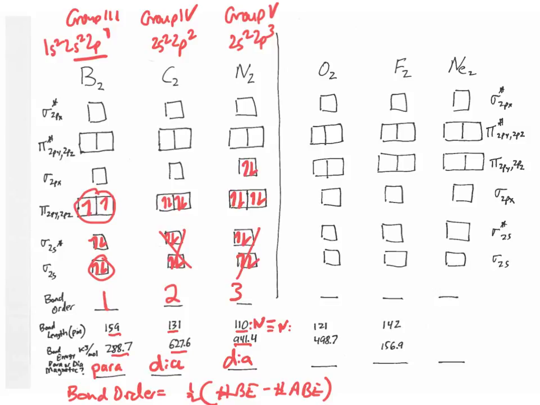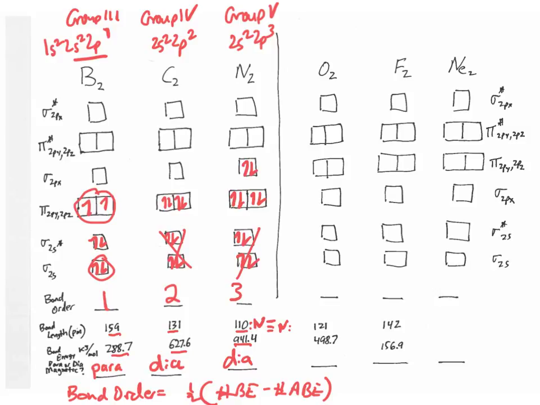As we look at the remaining three elements in this second period, you're going to see that at the very top of the energy chart, our pi star and sigma star orbitals flip-flop. And the pi star orbitals are of lower energy than the sigma star orbitals.